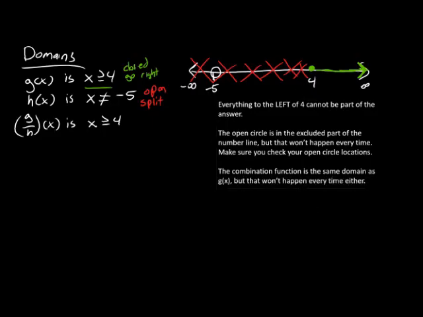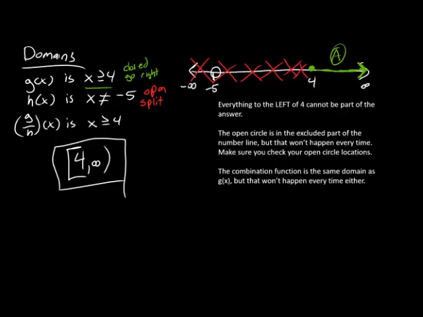In this particular instance, the only region for our solution set is 4 to infinity, which I'm labeling with A now, and we'll say our domain for this new combination is 4, infinity, with a closed bracket on 4. And this is how we find the domain for a division combination that gave us compound fractions. The moral of the story is always be careful about checking for compound fractions when you do division combinations.